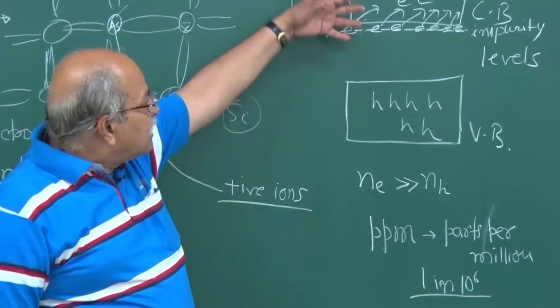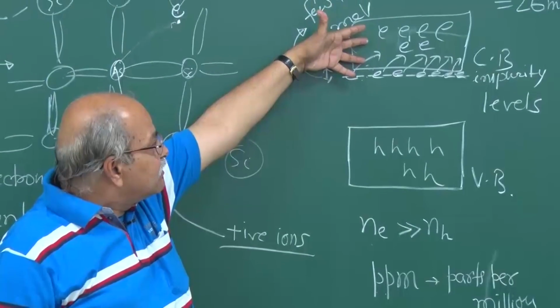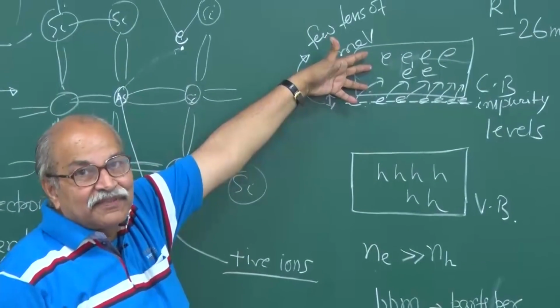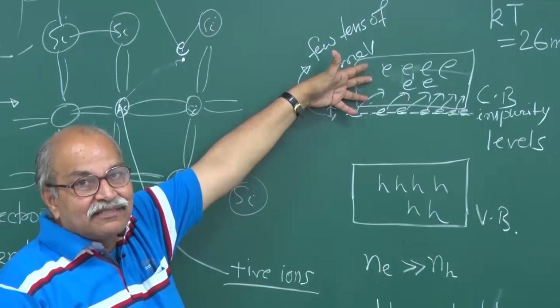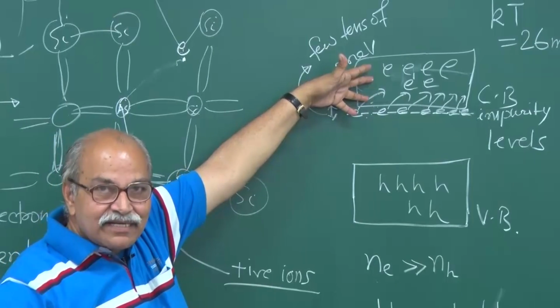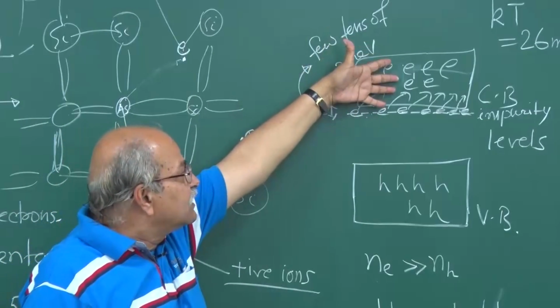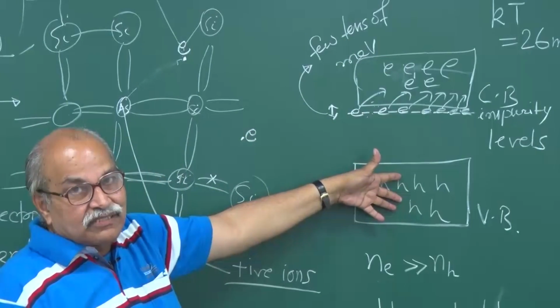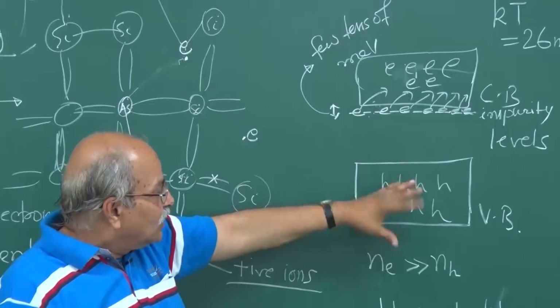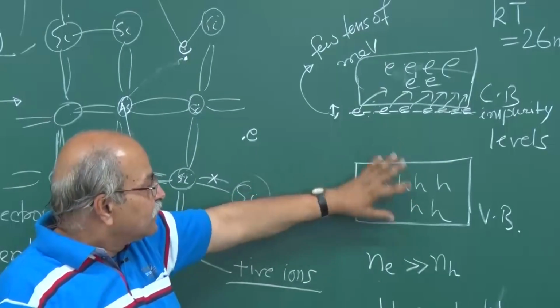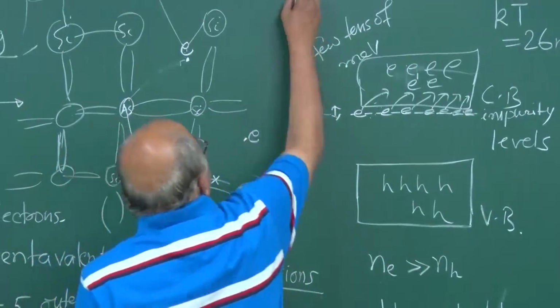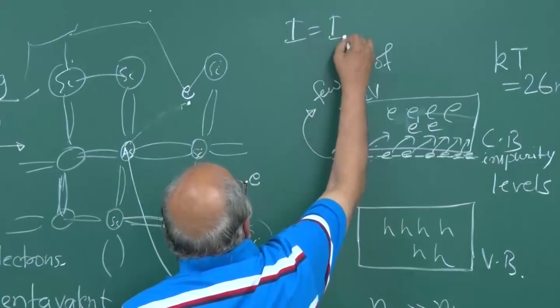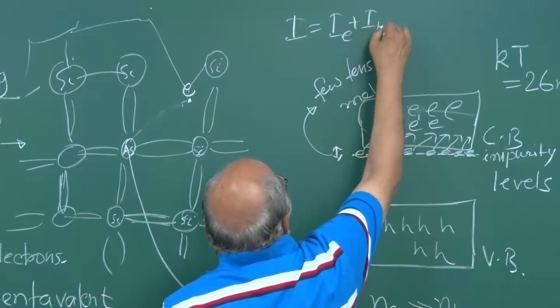So the charge carriers, remember in semiconductors, if you apply electric field, if you connect it to a battery, then the electrical conduction is because of these conduction electrons, and also because of these holes, because here also you have some movement of electrons, and so you have I equal to IE plus IH.